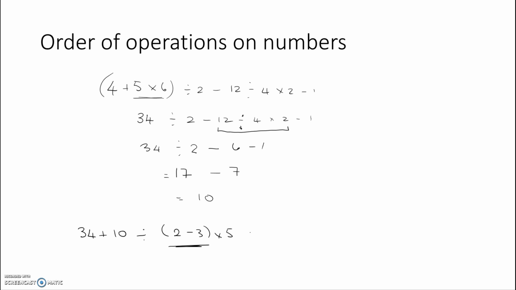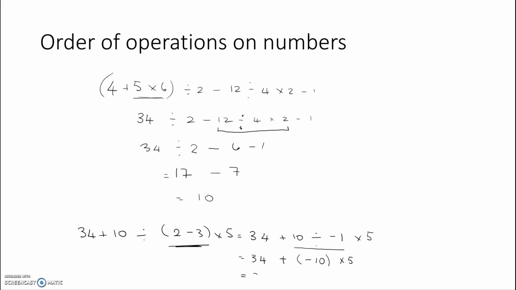So we've got 34 plus 10 divided by, now we have to do the bracket before we do anything anyway, so it's negative 1 times 5. Now we need to do the division, and 10 divided by negative 1 is negative 10 times 5.